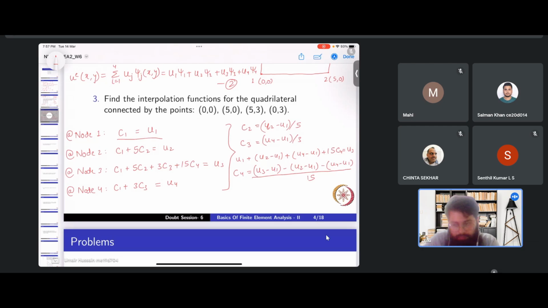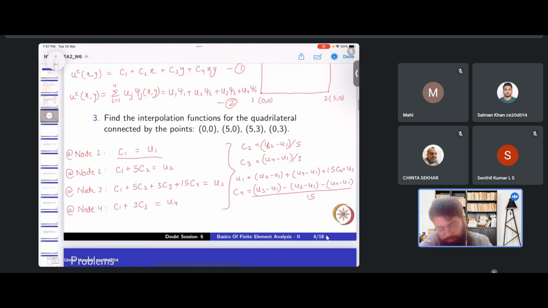So I hope we got all four constants, and now we substitute this back into equation 1.